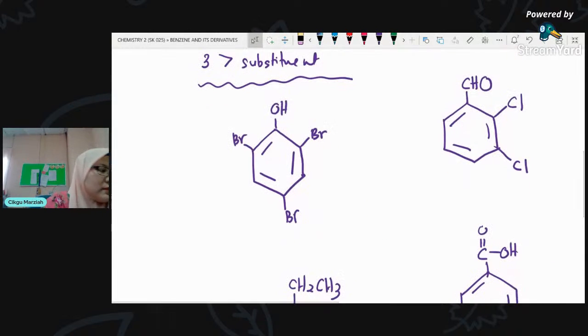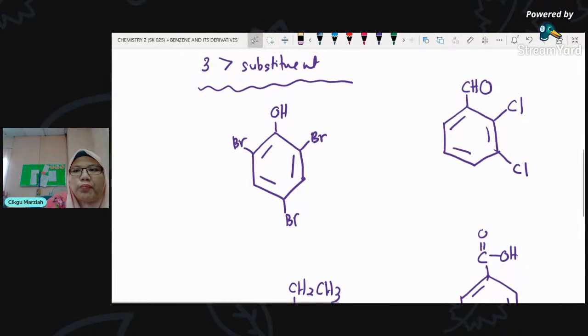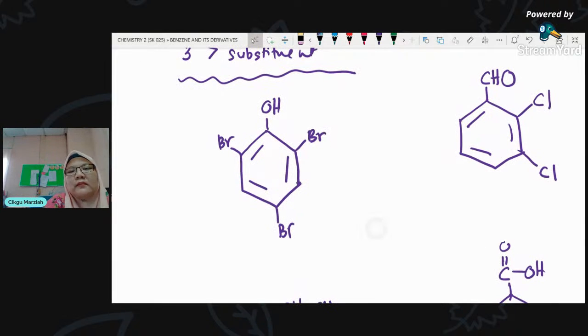Okay, now kita tengok sama-sama. Okay, now in this example, we have 4 substituent. Okay, which is more than 3 lah.